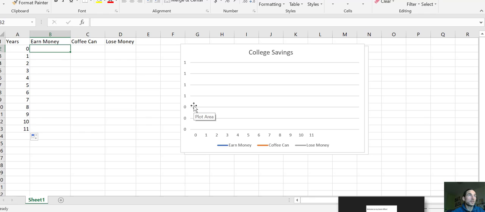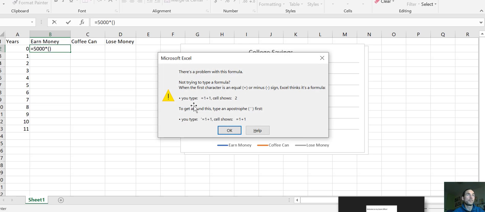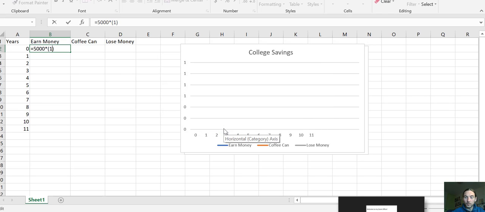And we started with, so it's equals 5,000 times 1 plus 0.0955 to the power of the little hat, the years, right?